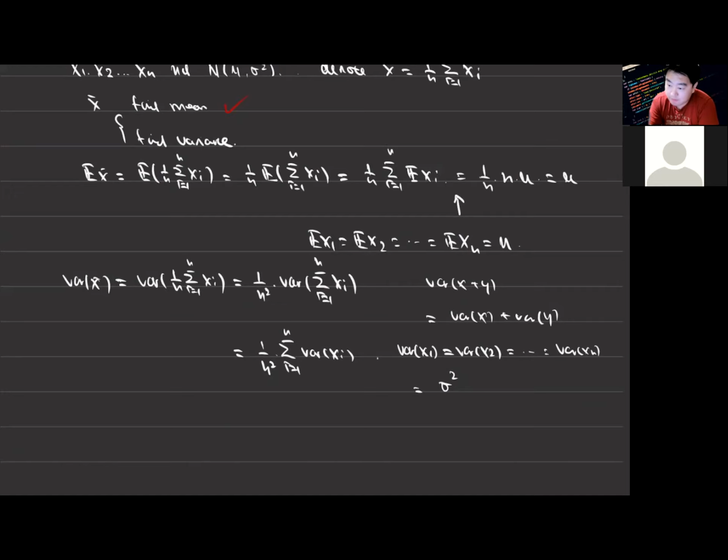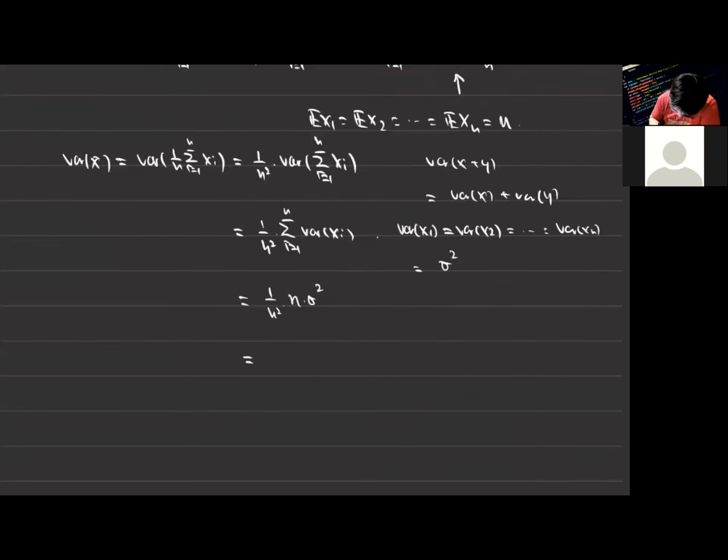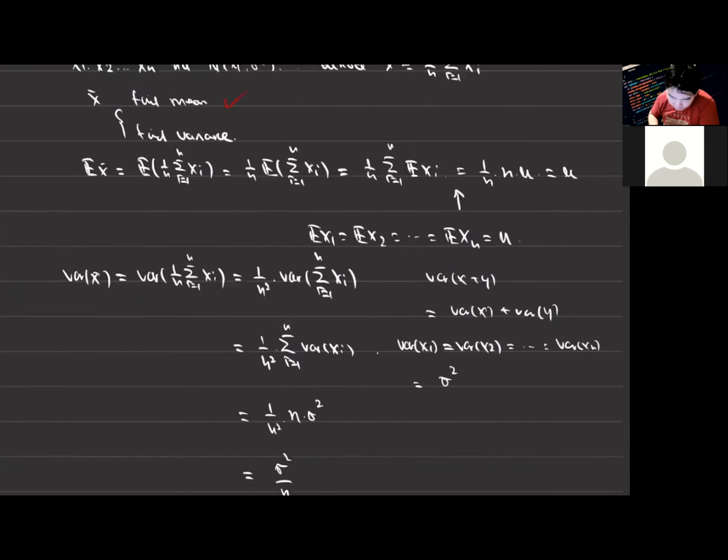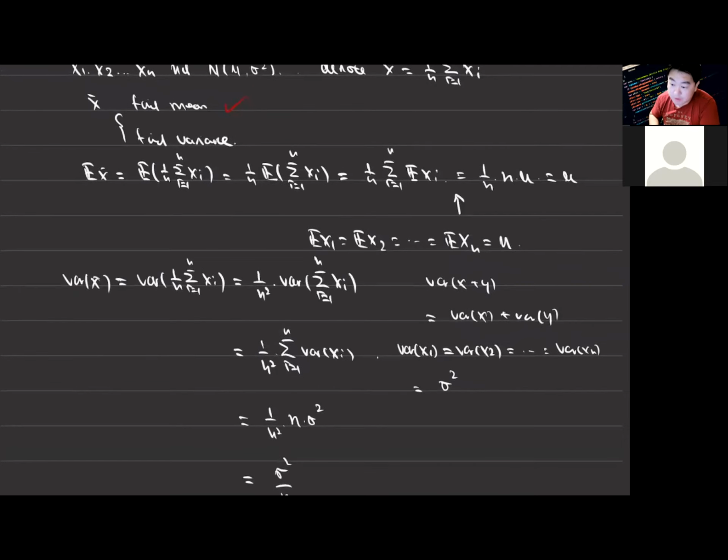So now there are n of them, so you use n times sigma squared. This gives us 1 over n squared times n sigma squared. And then obviously this cancels out, right? So now you're left with sigma squared over n. So this is a little bit more interesting statement than the expectation of X bar.